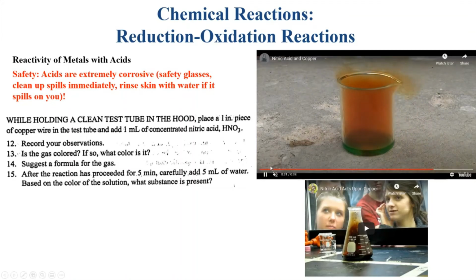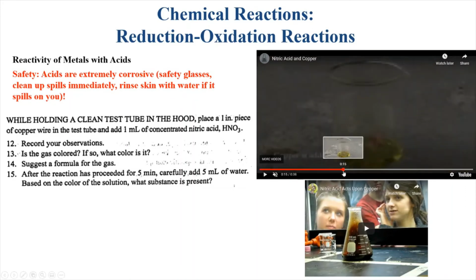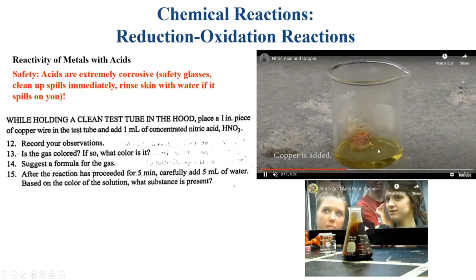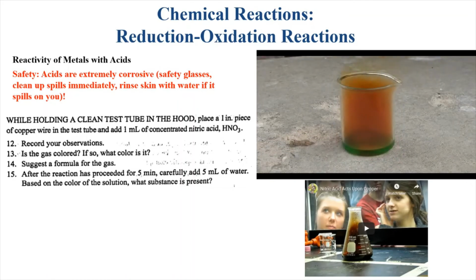Okay, so that should be enough for you to have seen the total process. We'll go back and watch that one more time so that you can really see it. As soon as the copper goes in, that's what happens. And this is what you would observe in the hood.